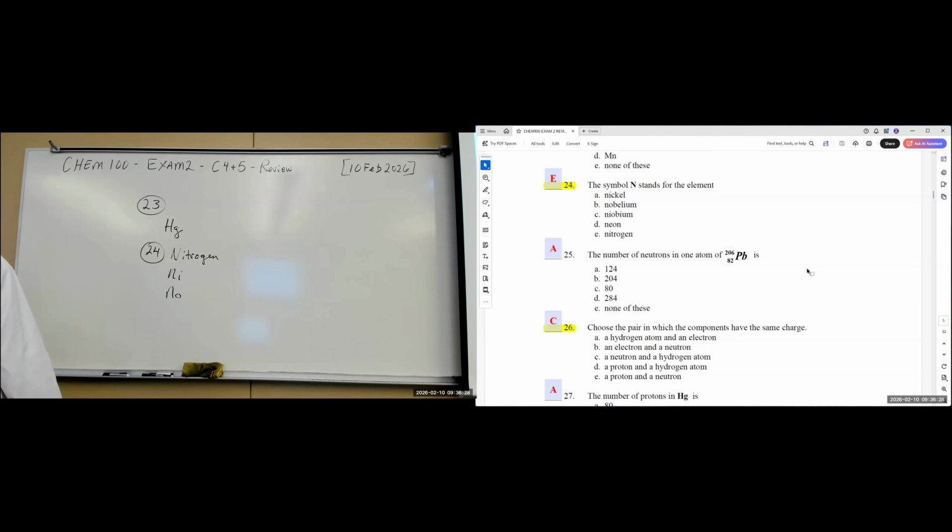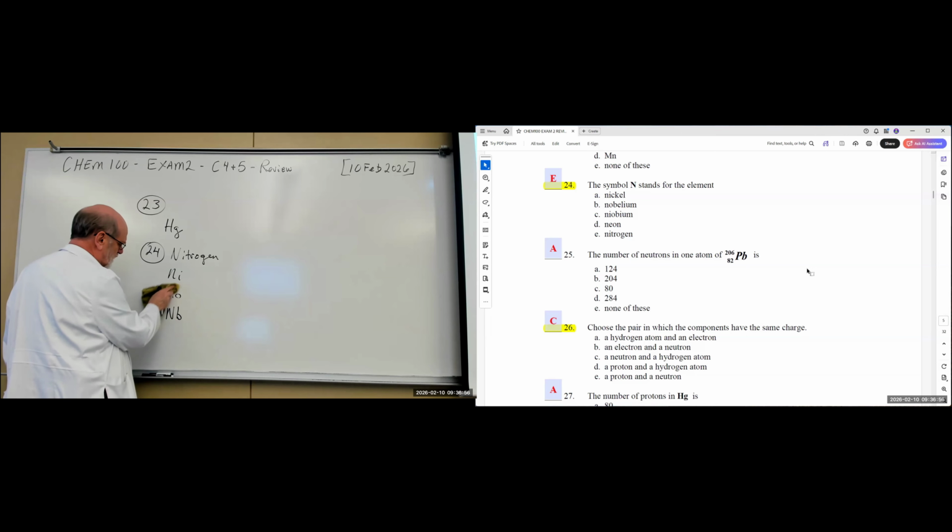It's not a commonly used element, niobium. Nobelium, niobium. There's ND. NB. Yep, there it is. NB.